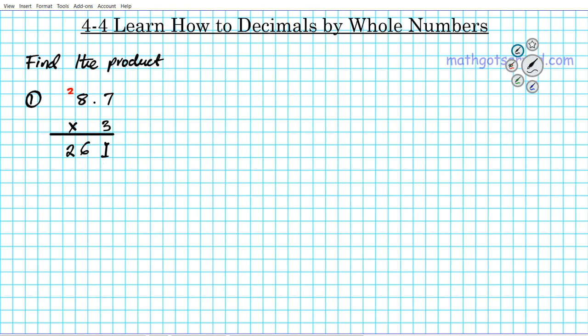Now what you do is you look at how many digits are to the right of the decimal point. In this particular case, we have exactly 1 digit to the right of the decimal.